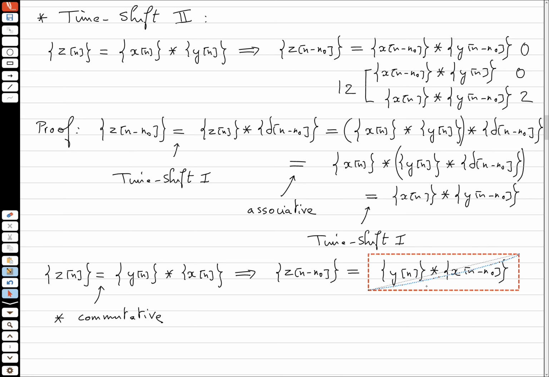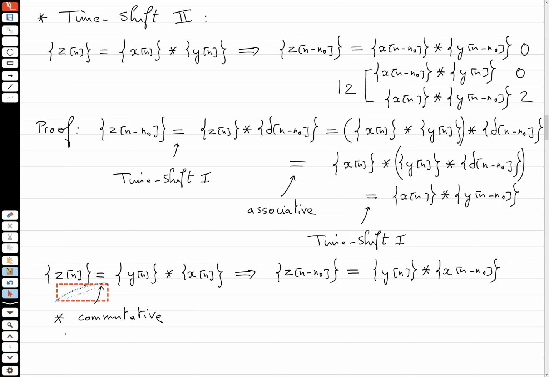And then what property do you feel like using? Commutativity again, right? And then you finally get this.